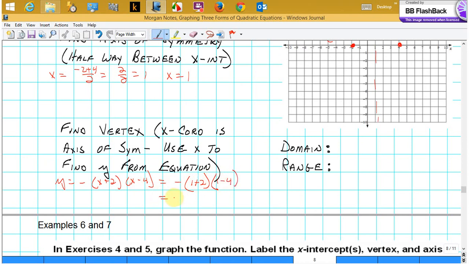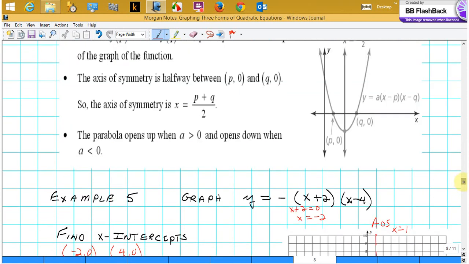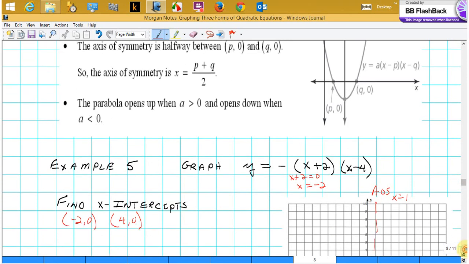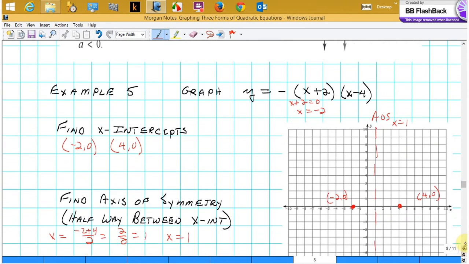That's going to be equal to negative of 3. 1 minus 4 is negative 3. That would be equal to 9. So I get the value of the vertex is 1, 9. And I can draw my parabola.